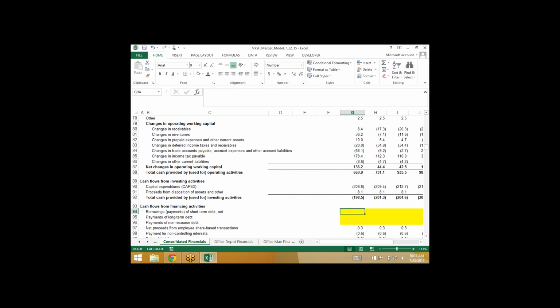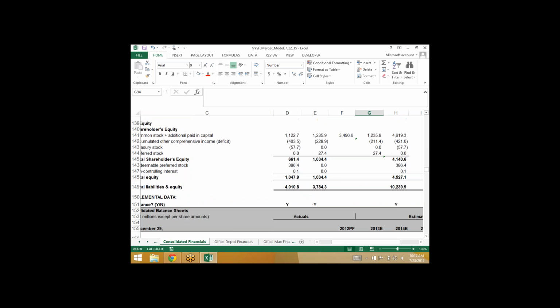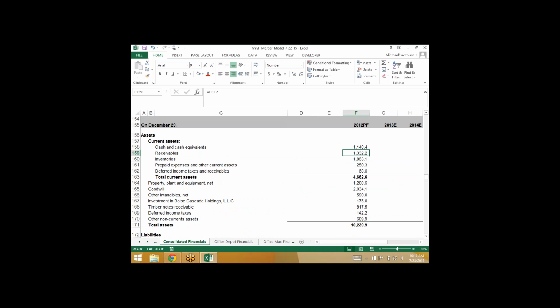If you are playing around with the debt schedule and your balance sheet doesn't balance, having the debt schedule linked in is just another degree of complexity that might cause an imbalance in the balance sheet. So get the balance sheet balancing first, keep it simple, and then layer in the debt schedule. That's my recommendation.